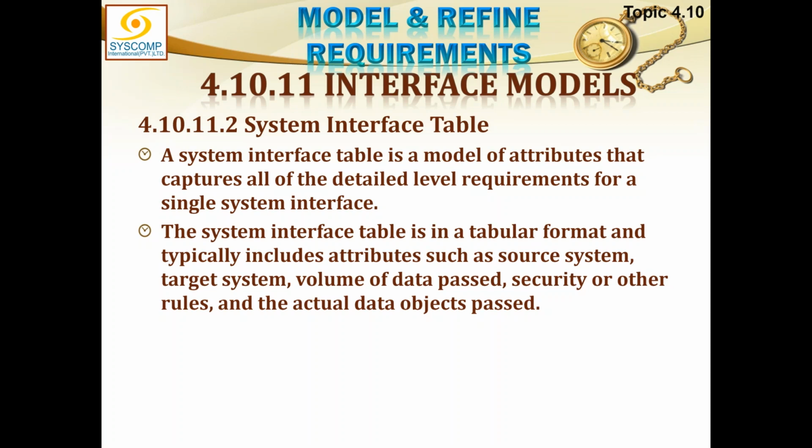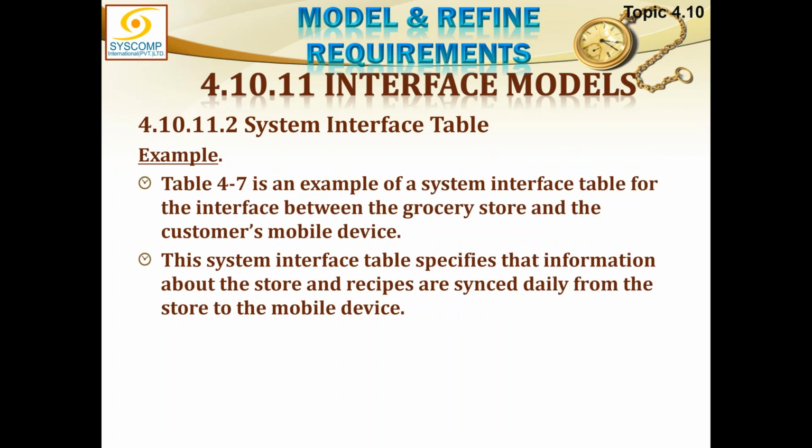This system interface table is in a tabular format and typically includes attributes such as source system, target system, volume of data passed, security or other rules, and the actual data objects passed. Next table would show you an example of the system interface table for the interface between the grocery store and the customer mobile device.